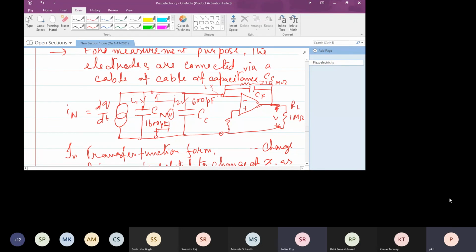The basic effect is that charge will be displaced, and we will have a differential displacement charge across the two surfaces. Now, because we cannot measure the charge easily, there are certain fundamental methods of measuring charge. If those methods are used, like the reflection charge method, then you will be able to measure the charge.